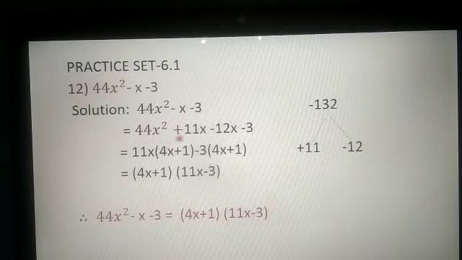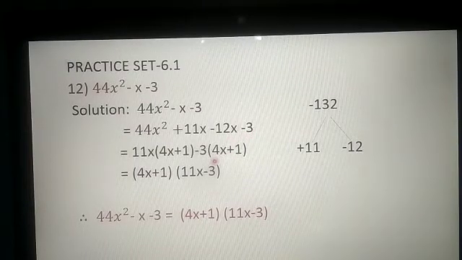Now 44x square plus 11x minus 12x minus 3. We will keep this plus 11 and minus 12 in the middle. Then we will take 11x common. What will we have then in the bracket? 4x plus 1. And for the second bracket, minus 3 we will take out from minus 12x minus 3.